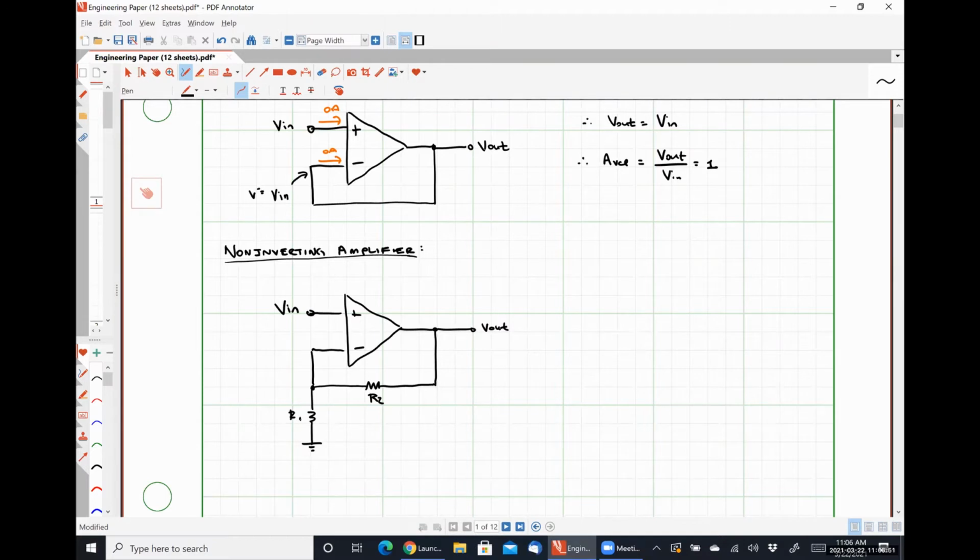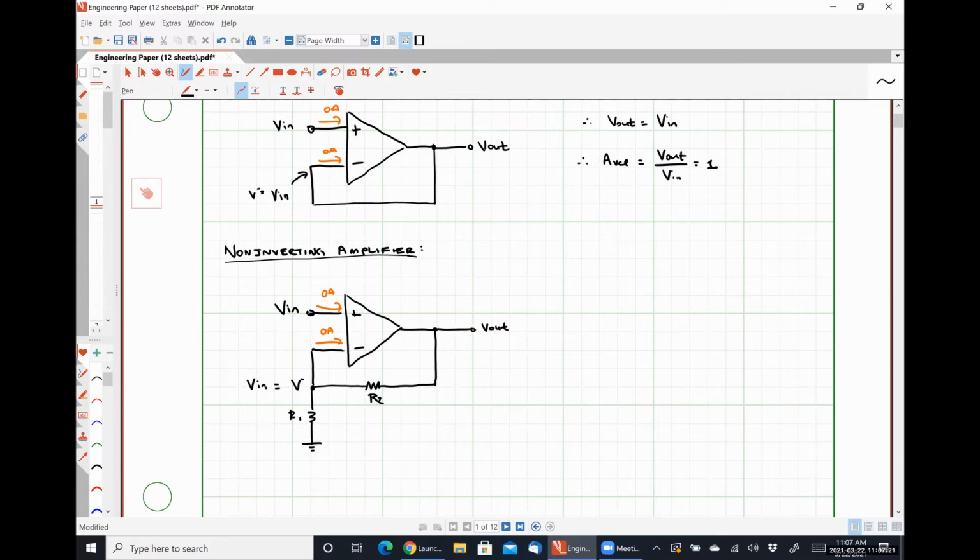So if we apply our ideal op-amp rules, where we have 0 amps flowing in here, 0 amps flowing in here, and I have some voltage V minus at the inverting input terminal that is going to be exactly equal to the voltage present at our non-inverting input terminal, meaning that is Vin.